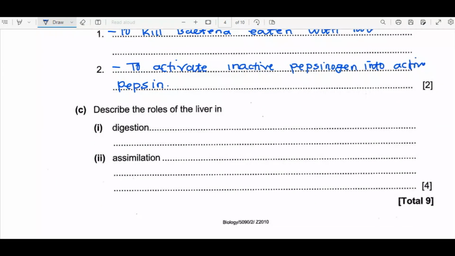Then for question C, describe the roles of the liver in number one, digestion.